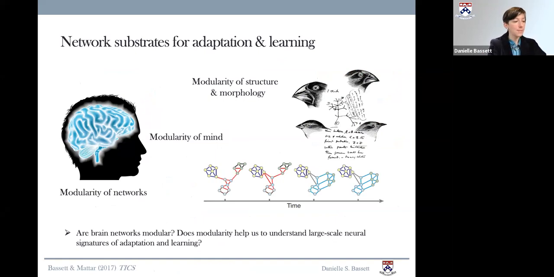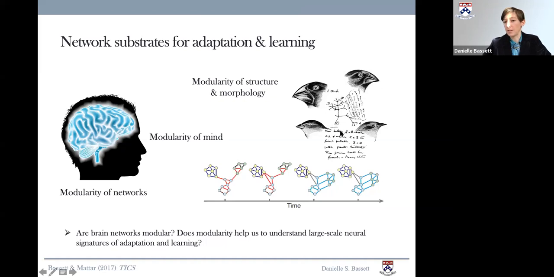And when we're thinking about answering that question, we can go back into the literature and ask, what have other areas of biology seen in terms of ways that modularity is useful for an organism? We can certainly go back to a long history of work in evolution and development and in adaptation that has underscored the fact that modularity of structure, modularity of morphology, modularity of function is important for a system to be evolvable.